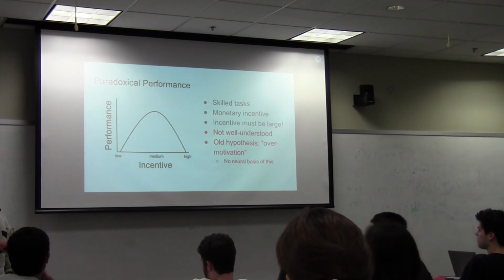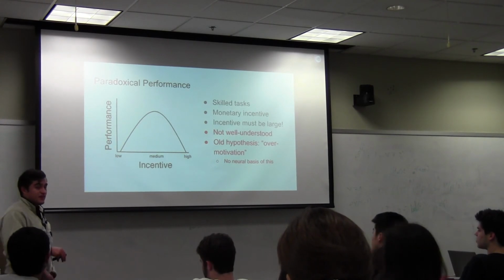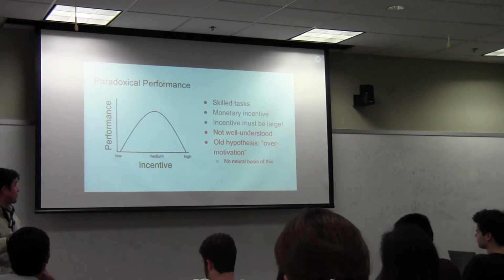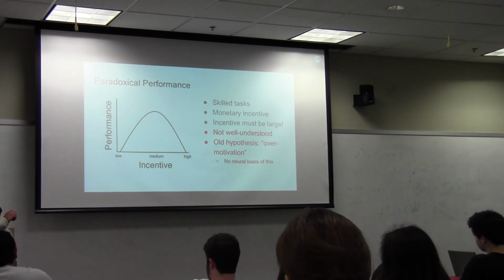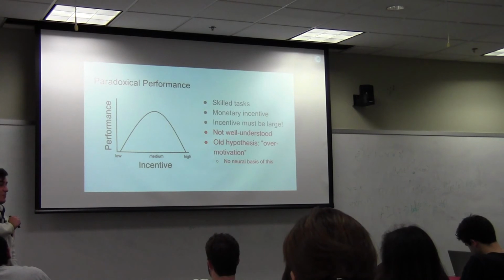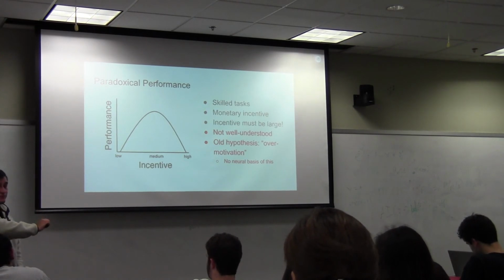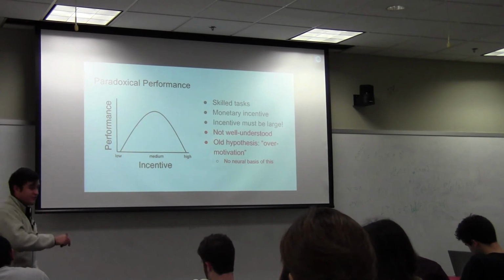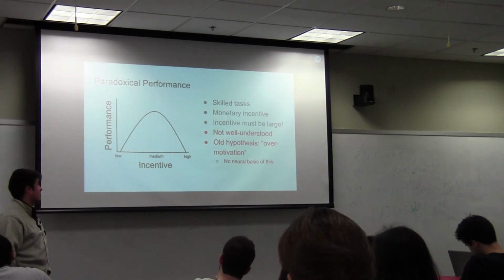Okay, so moving on to his second lecture. He was talking about this phenomenon called paradoxical performance, where as you increase incentives, people get better at doing a task up to a certain point. When the incentives get too high, they actually start to decrease their performance and they kind of choke under pressure.